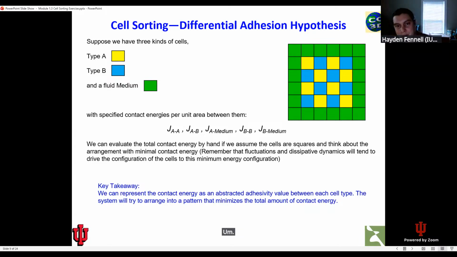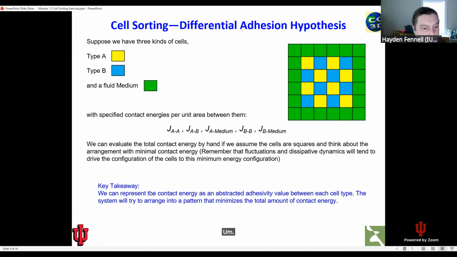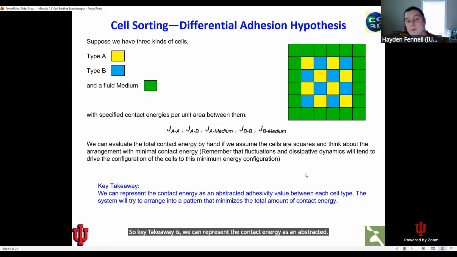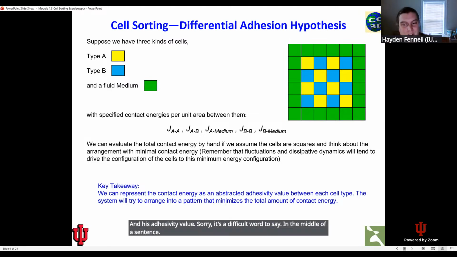So if we were to have 3 cell types, we would have additional energy values, because you would have cell type C touching A, C touching B, C touching C, and C touching medium. So the key takeaway is we can represent the contact energy as an abstracted adhesivity value between each cell type.